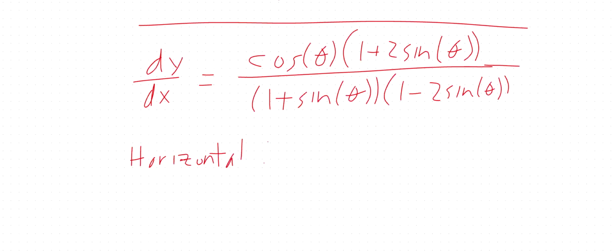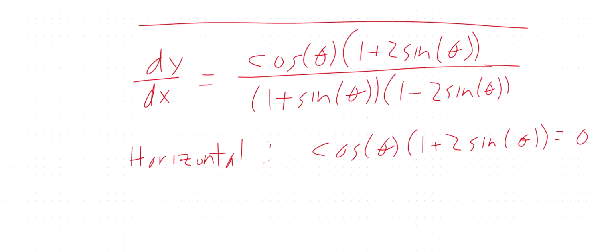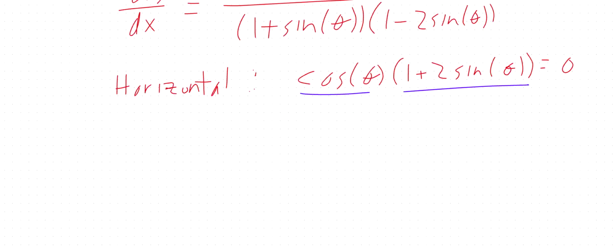So let's set this whole numerator equal to 0. Now, since it is factored, we just set each thing equal to 0. Cosine equal to 0. And where is 1 plus 2 sine equal to 0?